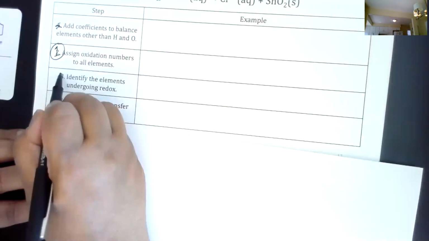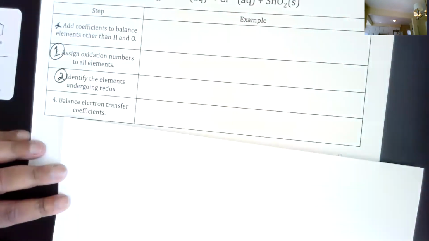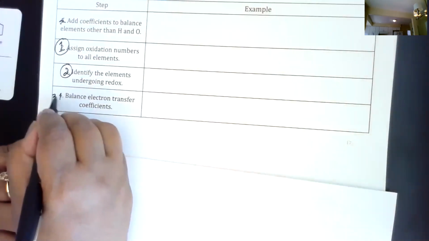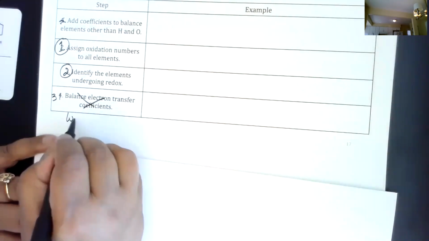Do this first, and then we can move on. And this is 2. And then 3 will be writing half reactions.